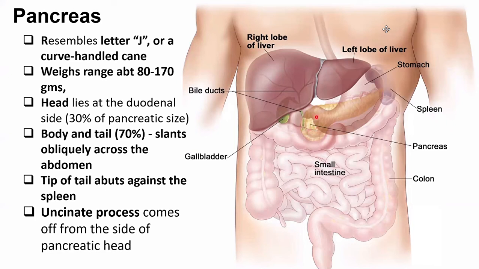The 30% of pancreatic size is underneath the curve of the duodenum. And the body and tail, about 70% of its size, slants obliquely, going up to the left across the abdomen. And the tip of the tail abuts against the spleen. The uncinate process here comes off from the side of the pancreatic head.